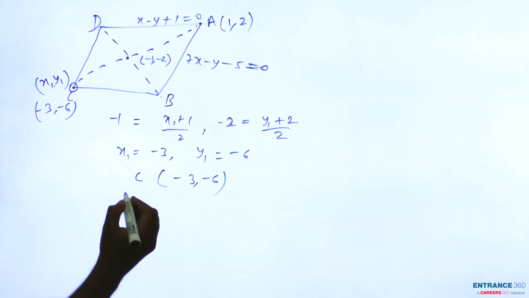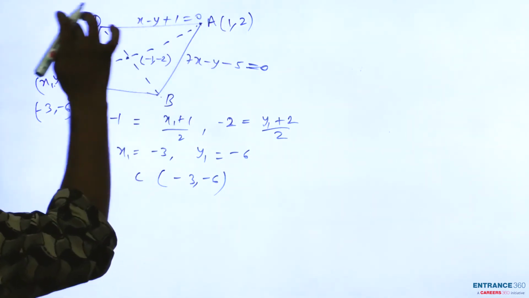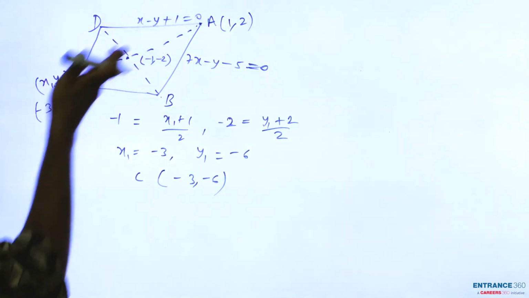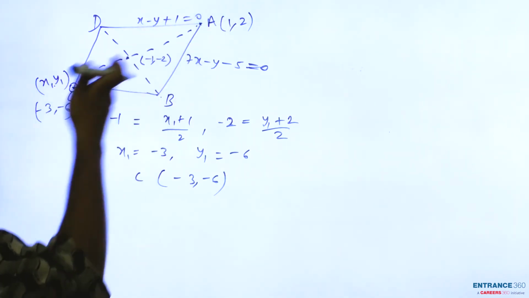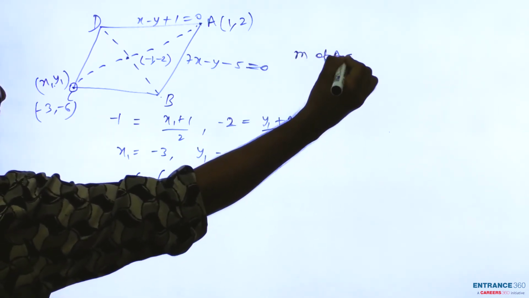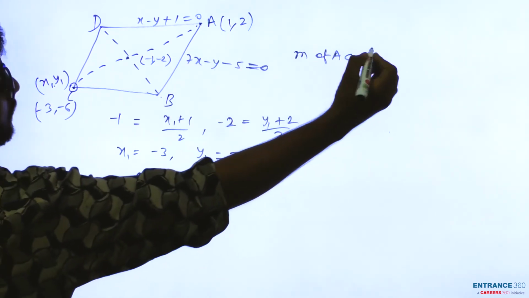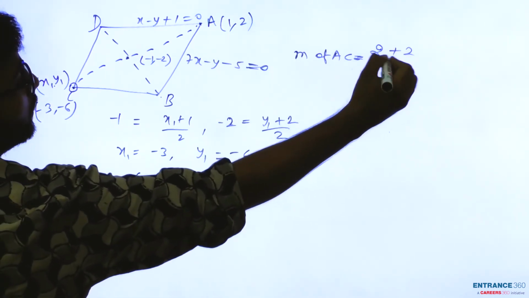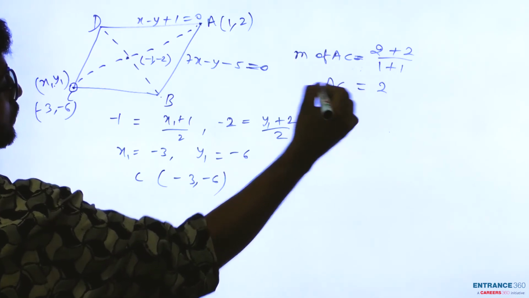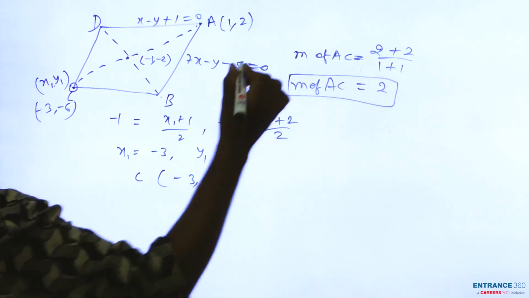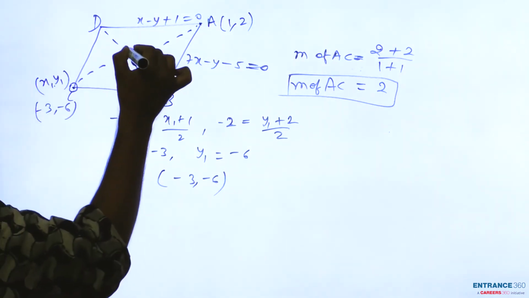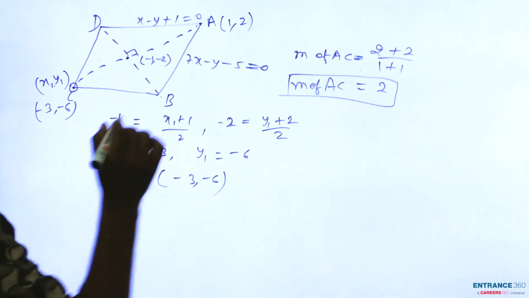The slope of AD is 1. You can find the slope of AC by the two point form: m of AC equals (2 minus 2) by (1 minus 1)... the slope of AC would be 2, then the slope of BD would be minus 1 by 2.